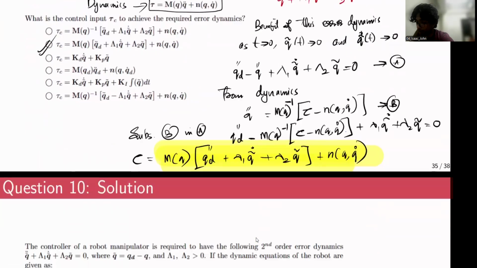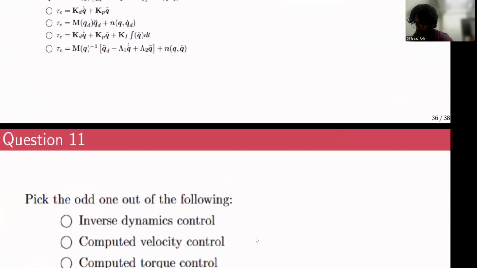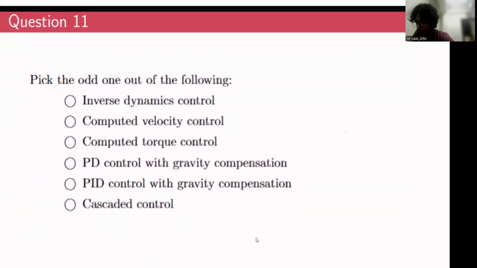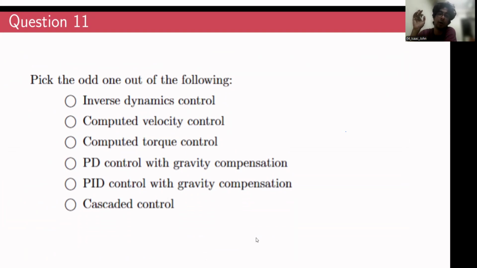Right. So now moving on to the final question of today's session. Pick the odd one out of the following. So does anyone want to attempt this question? Odd one out? It's based on the classification of different kinds of controller.